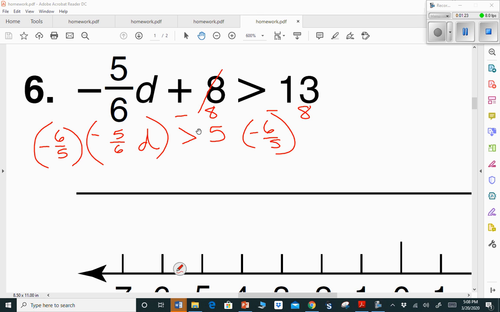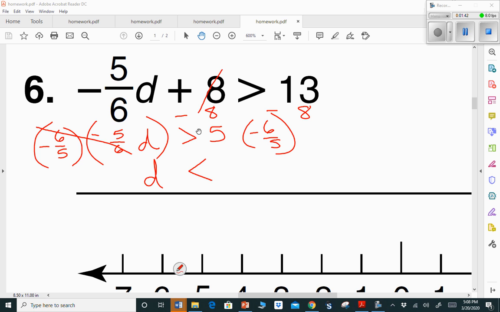Remember that little thing about if you multiply or divide both sides by a negative number, you have to flip that inequality. So instead of greater than, we now have less than. This all just equals 1, so it's 1d, or d.